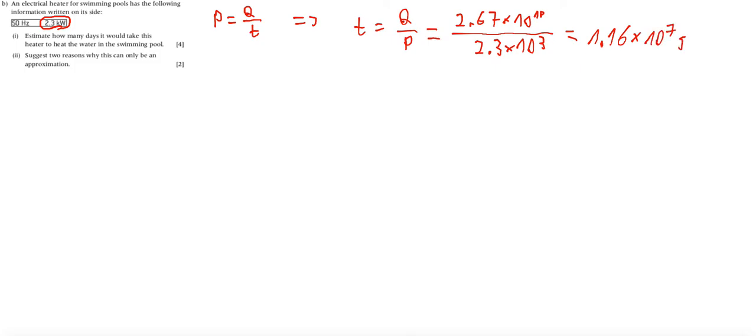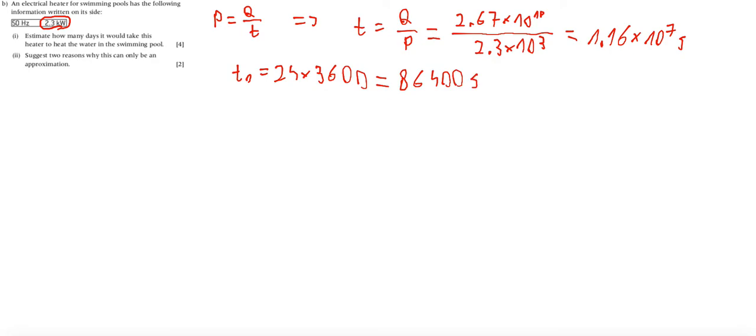The question is about the number of days. So we can calculate the number of seconds in 1 day. Let's write this T1. The number of seconds in 1 day is 24 times 3600, which is 86,400.